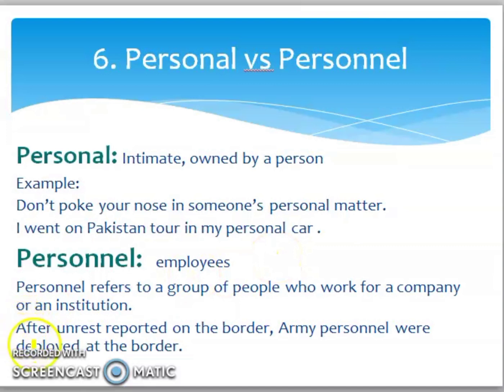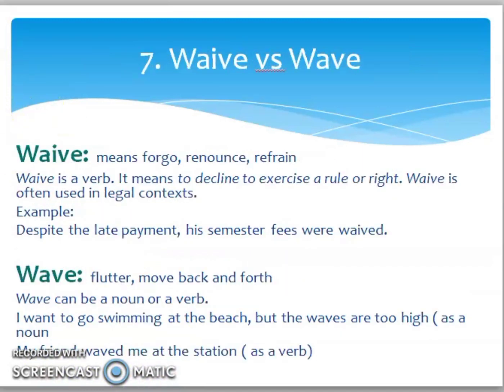Now the example, after unrest reported on the border, army personnel were deployed at the border. Right? So here in this sentence, it's used in the sense of employees. Right. Next.